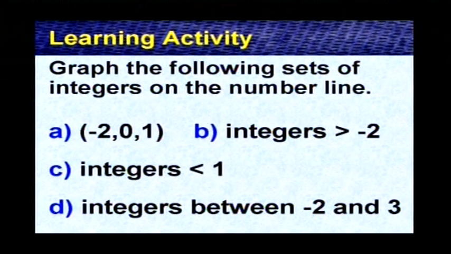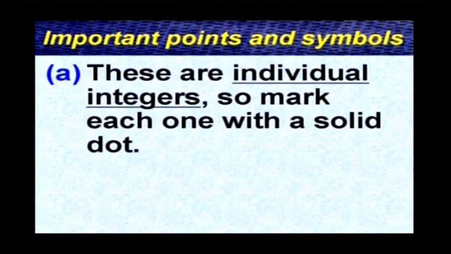You have answered the question, but we will still come back to this one. We have A. Look at the numbers very carefully. These are individual integers, so mark each one with a solid dot.